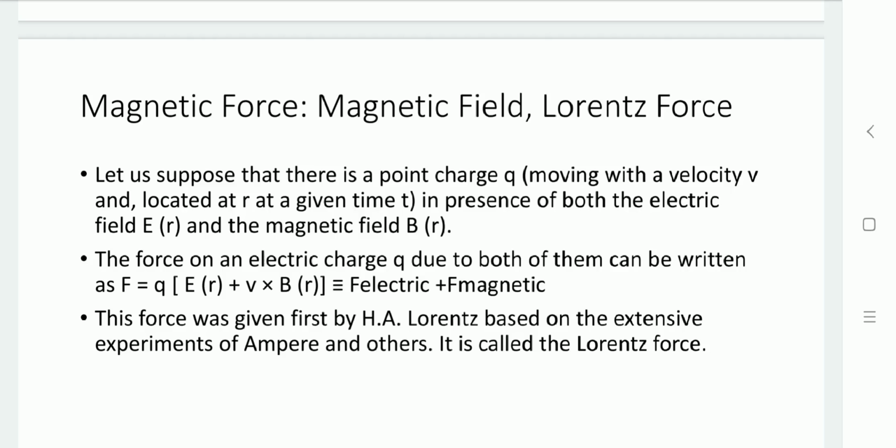Next is the magnetic force in another form, the Lorentz force. As discussed on the previous slide, the Lorentz force is defined as the combination of electric field and magnetic field.